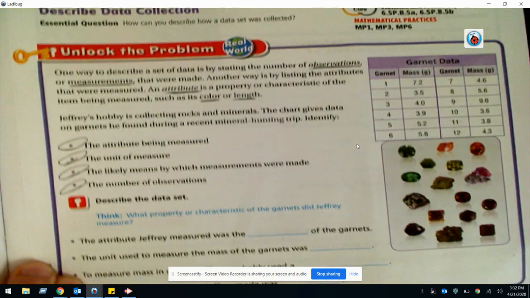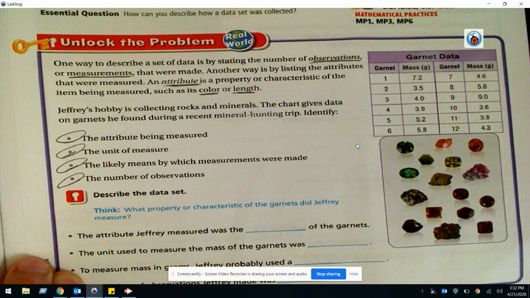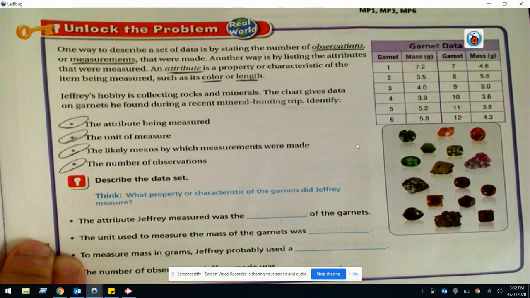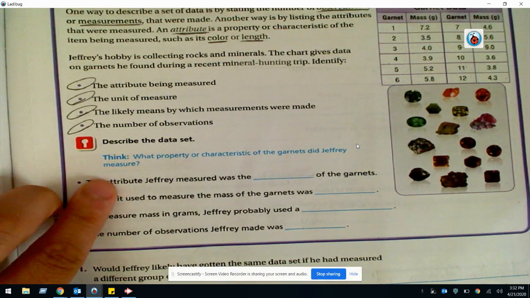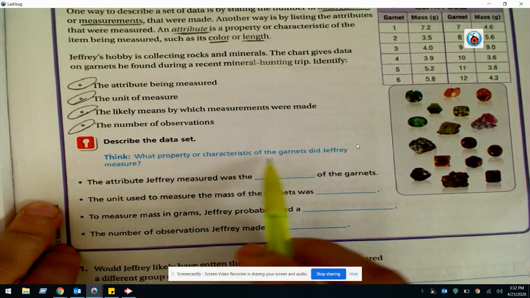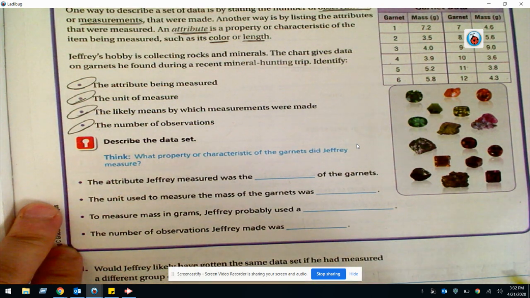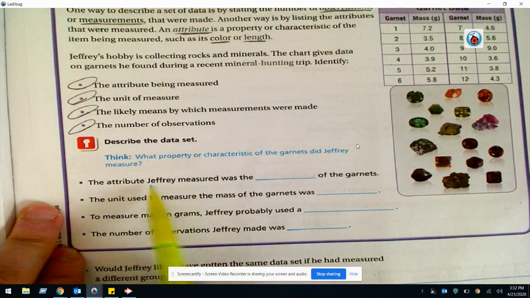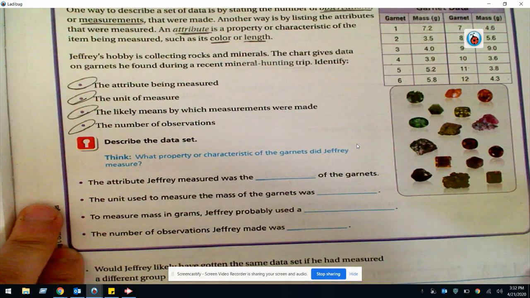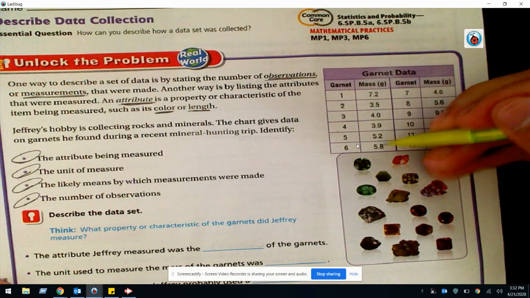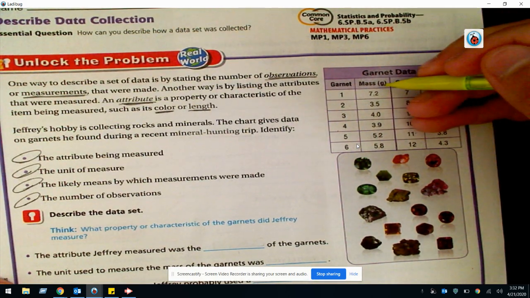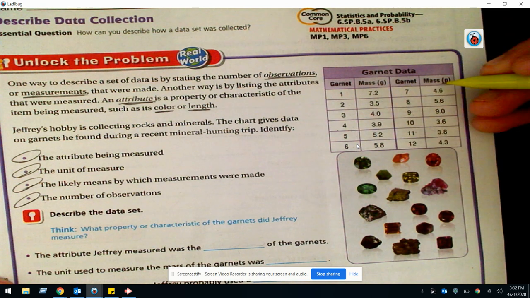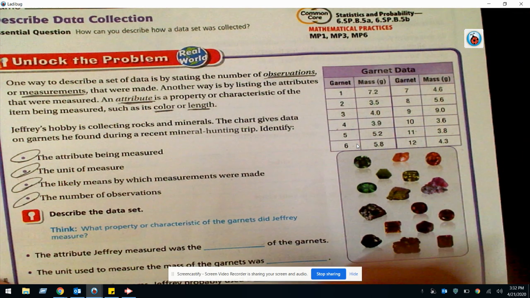So as you can see up here again, there's all the different garnets with all the different masses. Okay? So describe the data set, it says. What property or characteristic of the garnets did Jeffrey measure? Okay, so the attribute that Jeffrey measured was the mass. So there's different garnets, yes, but the thing he was measuring was the different masses of the 12 garnets that he had.